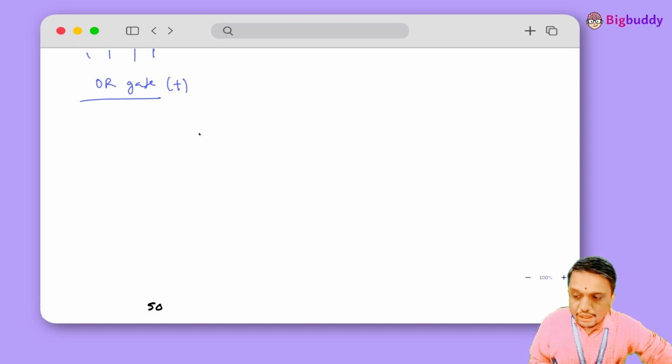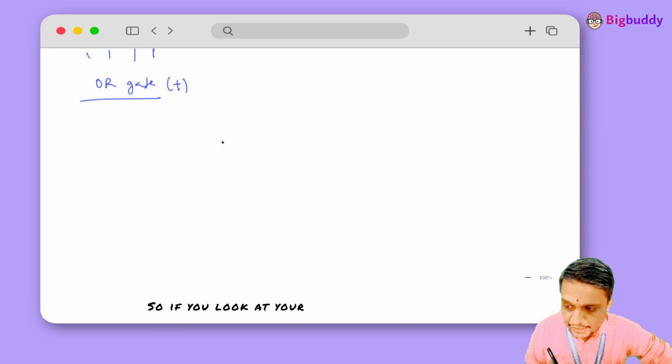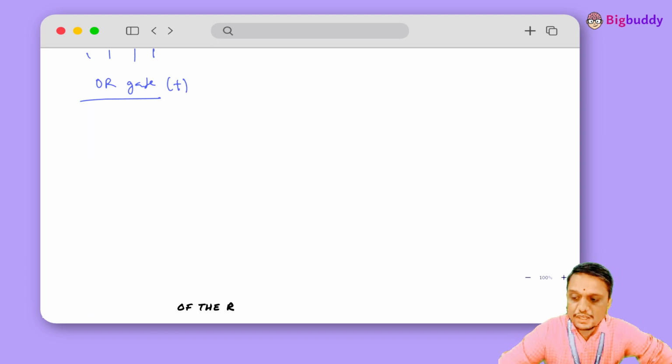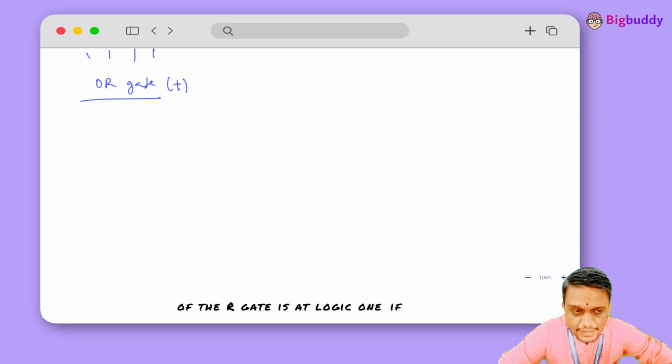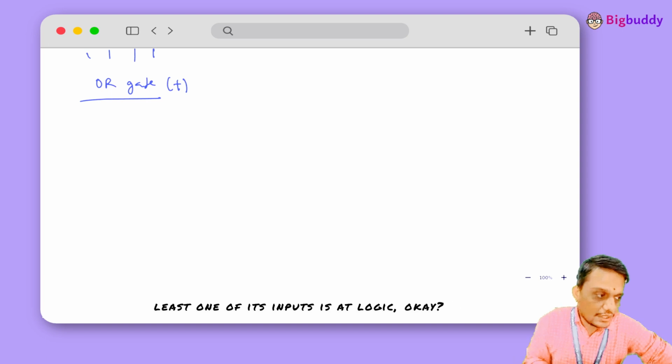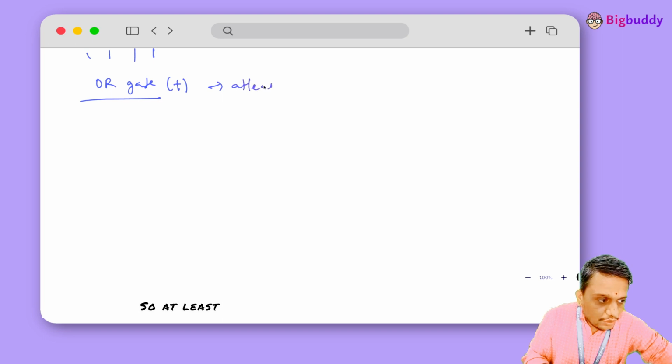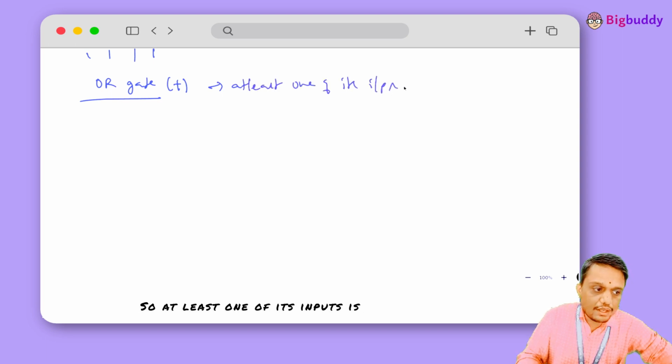The output of the OR gate is at logic 1 if at least one of its inputs is at logic 1. So that is the logic of your OR gate.